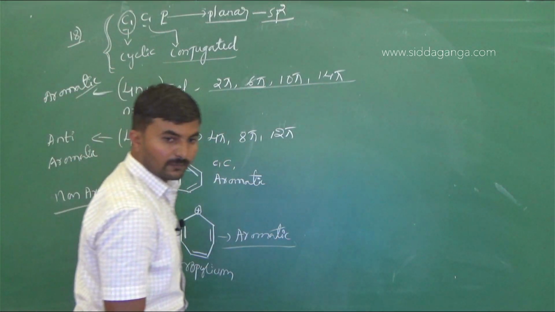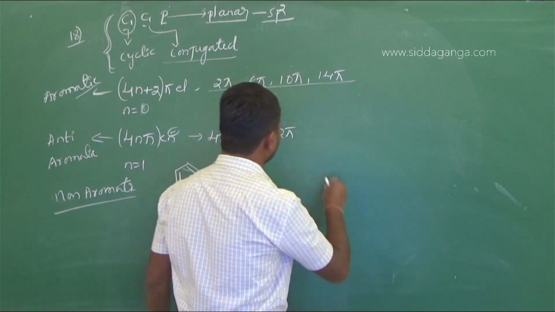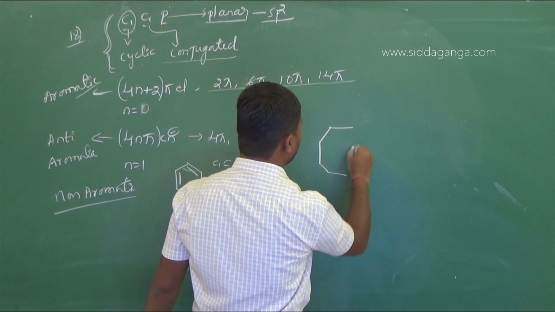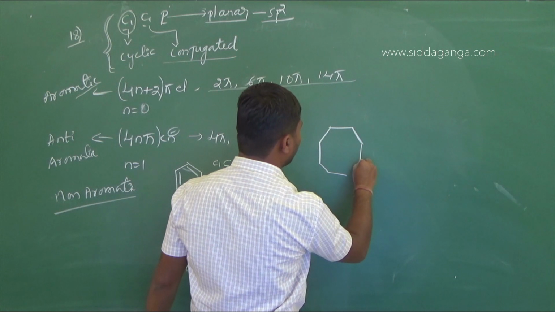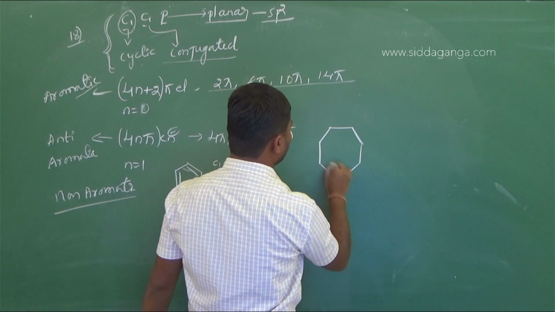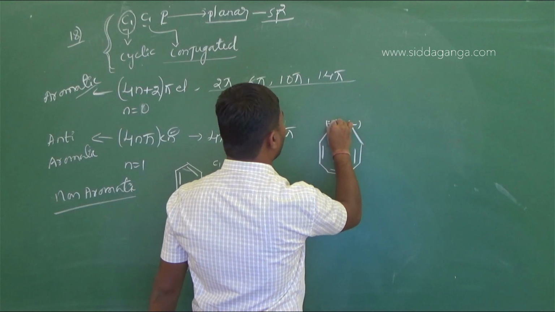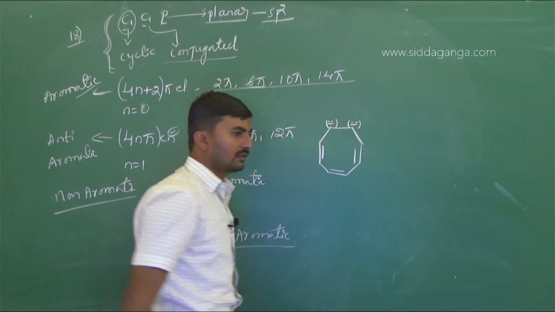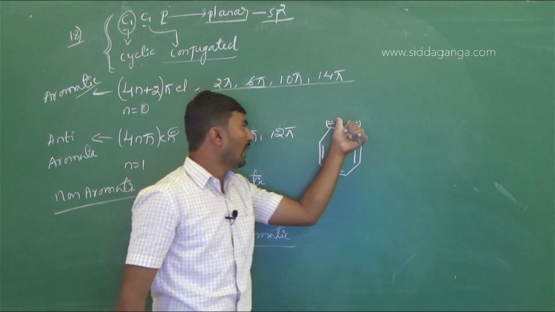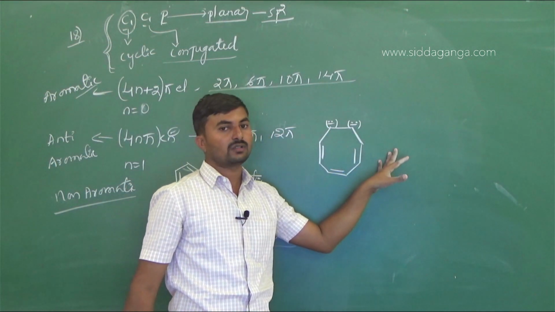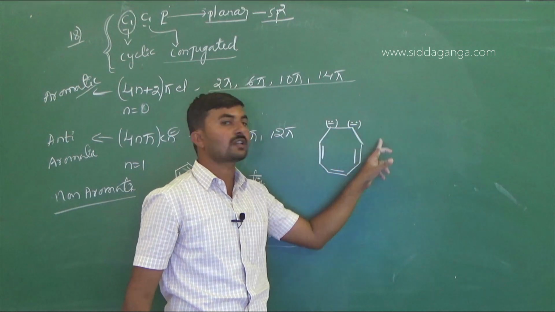And the next one, cyclooctatetraenyl dianion. So whenever you have anions, since those two anions are involved in the process of resonance, you have to consider those electrons.